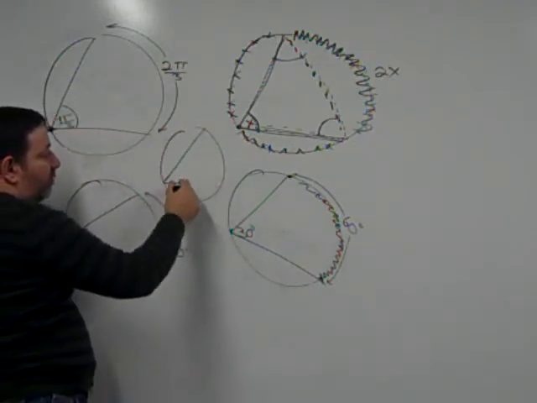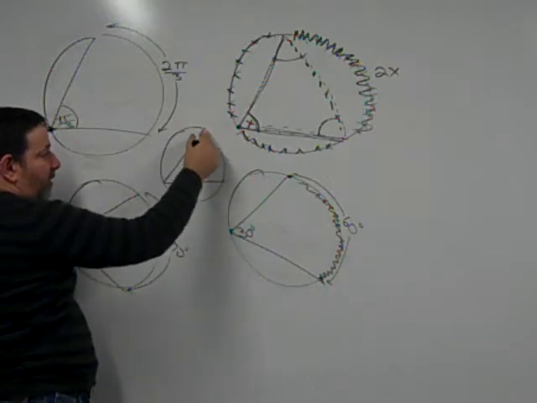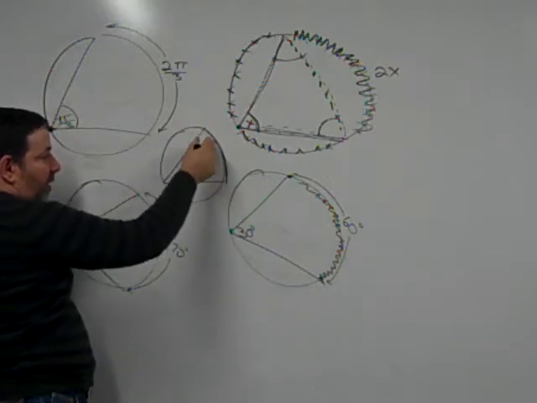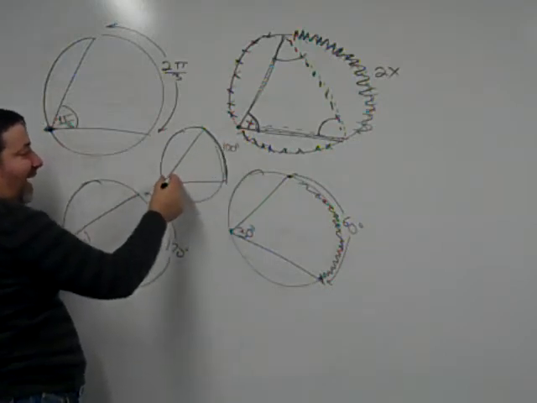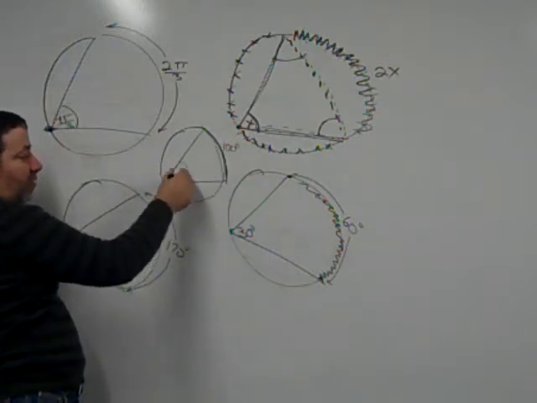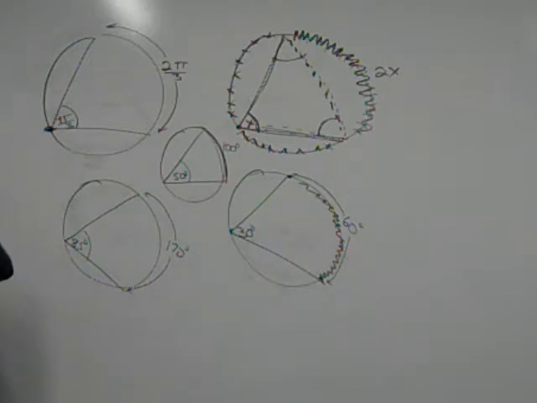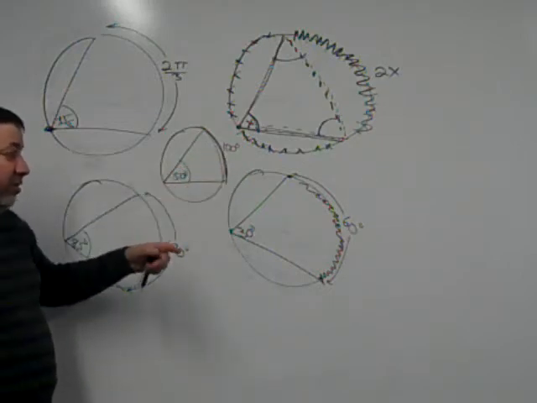If you knew that this arc here is 100 degrees, take half of it, and you know what the angle is inside. You need to understand that it's 1 to 2.